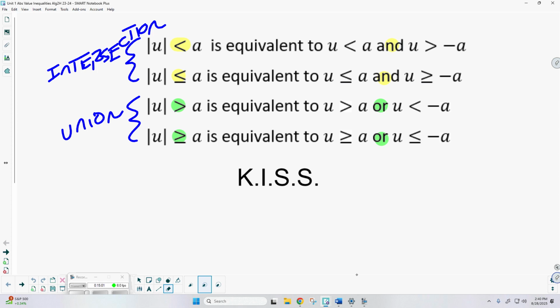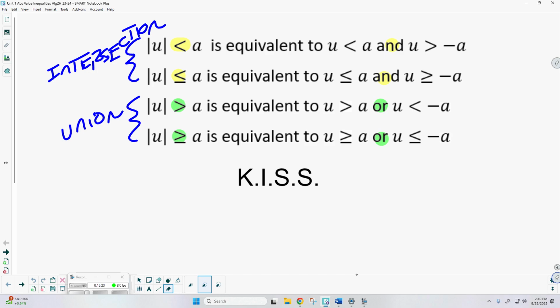So if you're solving an inequality that contains absolute value, it's just like what we were doing a moment ago. You want to isolate whatever's inside the bars. Once you get down to that, if the bars are all by themselves, if it's less than or equal to, that's an intersection.